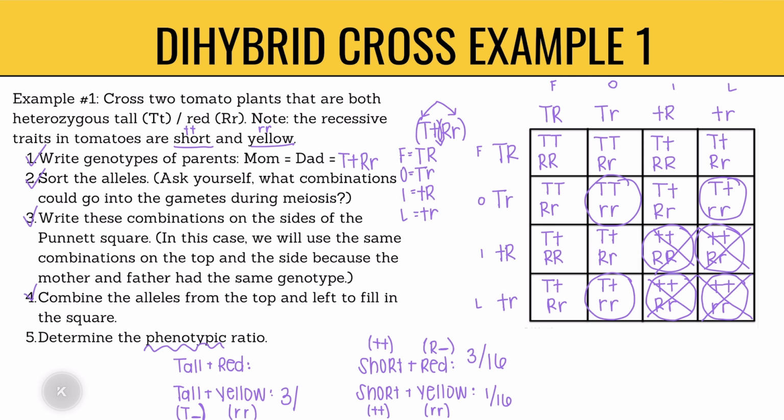So 3 out of 16 boxes are going to be tall in yellow. Get that out of the way. And then finally, tall in red, I know I'm going to have a capital T because tall is dominant and a capital R because red is dominant. So 1, 2, 3, 4, 5, 6, 7, 8, 9. 9 out of 16.